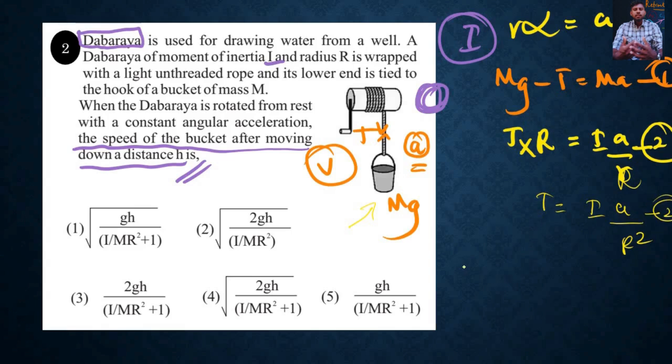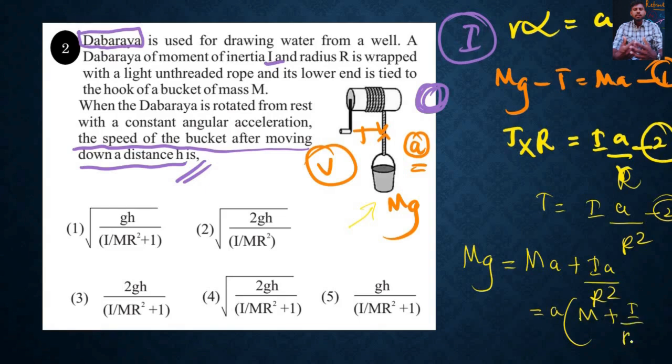So I am getting mg equals, T cancelled off, ma plus I a over R squared. So from this I can make A the subject. A goes out, so m plus I over R squared, equals mg.